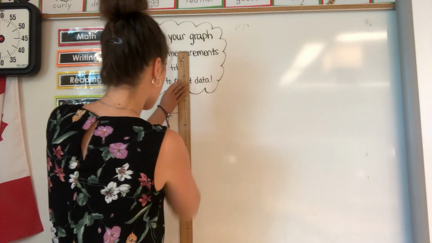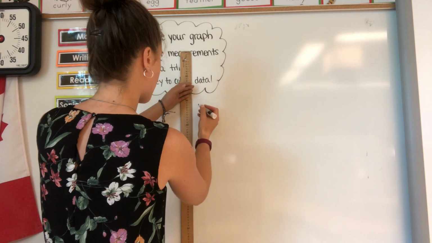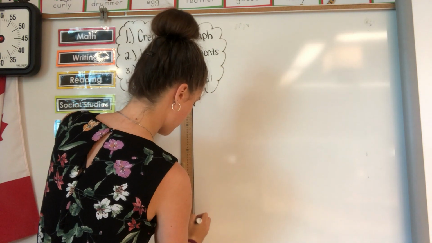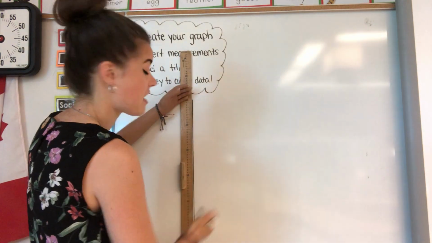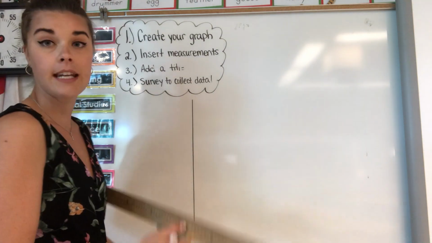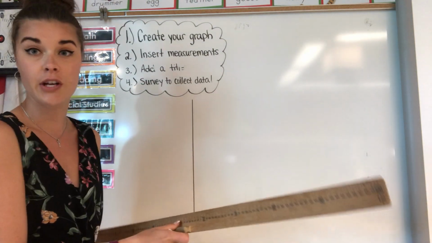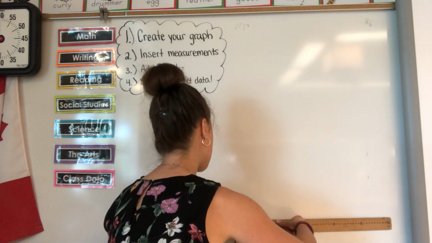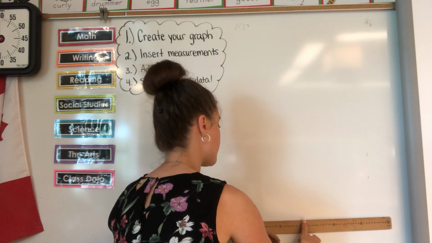I'm going to draw my first vertical line, and we're going to be creating an L shape here, so make sure you have lots of room on the other side. There's my vertical line, and now I'm going to make a horizontal line connected at the bottom, again making it as straight as you can so our graph is nice and neat and tidy.